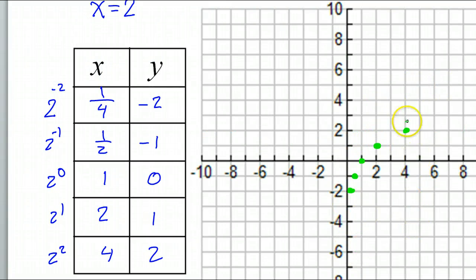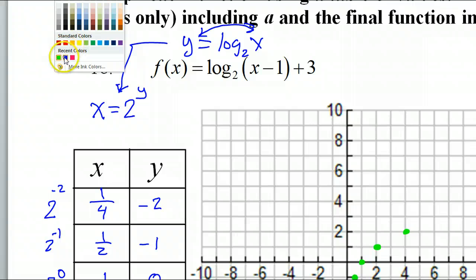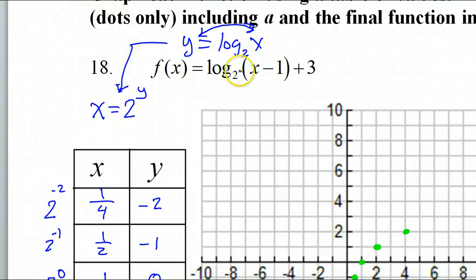Now, it's time for the shifting part. Alright, now this part right here, inside, is always left-right, and it's the opposite of what you think, so this will be right 1. This one out here means up 3.